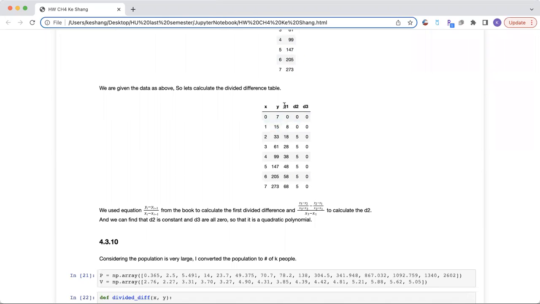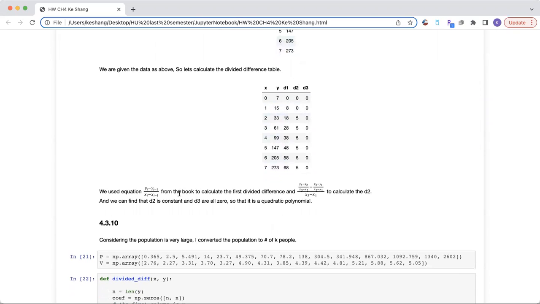We calculated the divided difference of y over x using this equation for the first divided difference, and this function to calculate d2. So we get our table here.